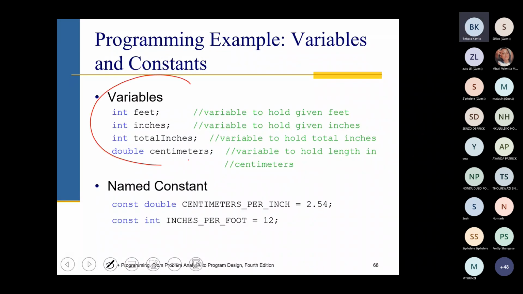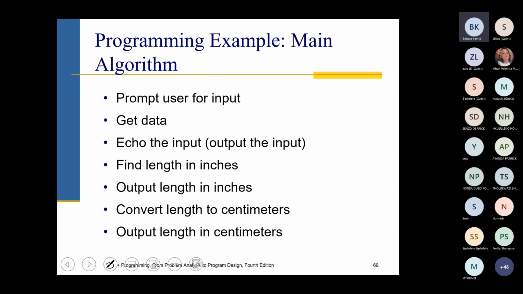Can you see the variable declaration, how to declare your constants? Then you can see prompt user for an input, get the data, then output the data, find the length, output the values, and convert and output the length. So here you are going to write your cout statement. Here your formula is going to come.